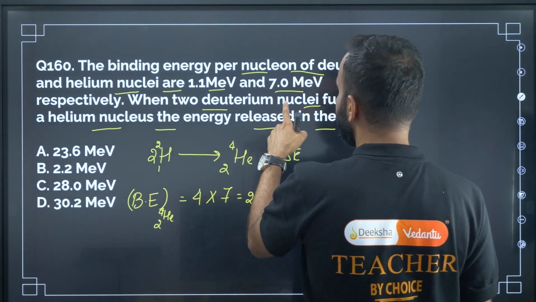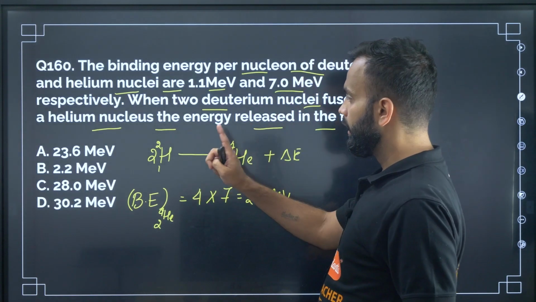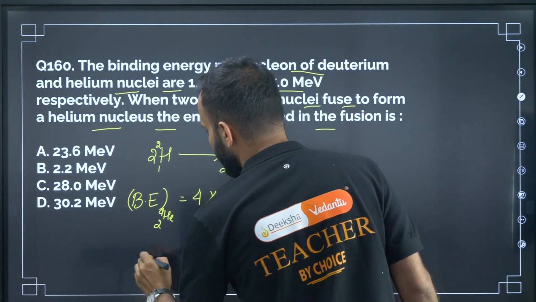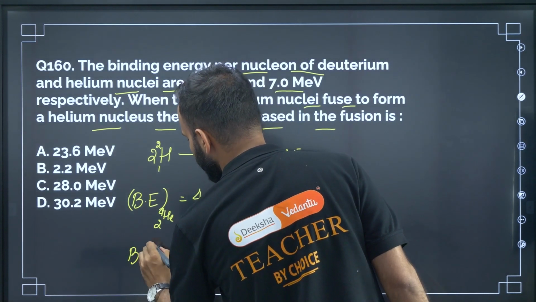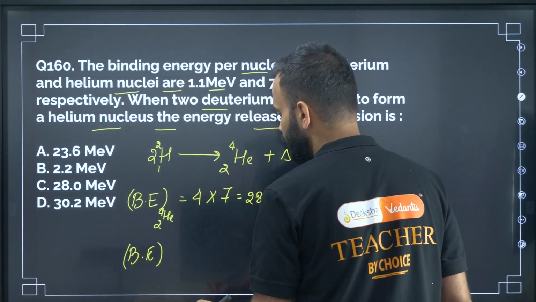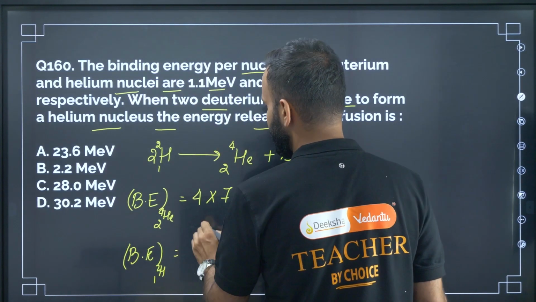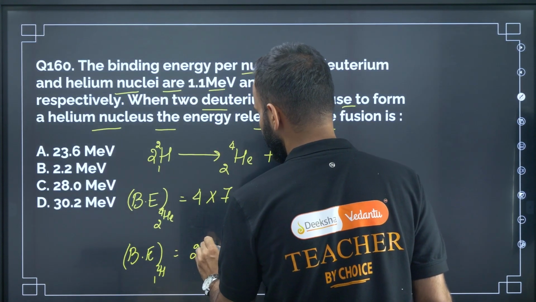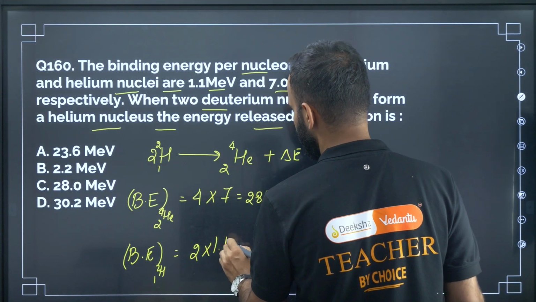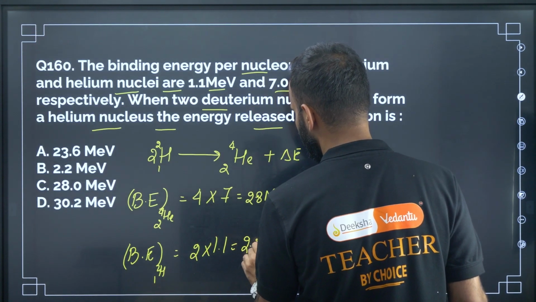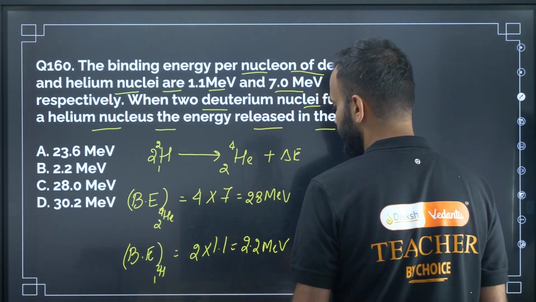Let us find the binding energy for the deuterium atom. Binding energy of deuterium is equal to 2 into 1.1, which is equal to 2.2 mega electron volt.